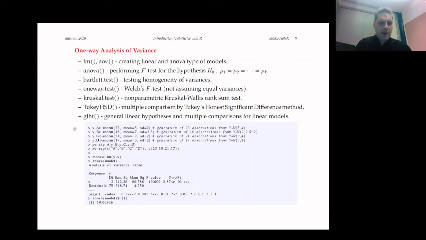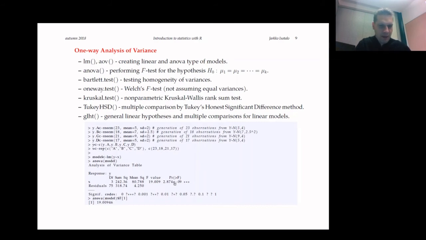So in our example, we have generated y values in 4 different populations from the normal distribution, and then we have created a model, what is called a linear model, by using the lm function and calling it model. And then if we use the anova function for this model, we get an analysis of variance table, where we have the F statistic, which is the value of the test statistic, which can be obtained here.